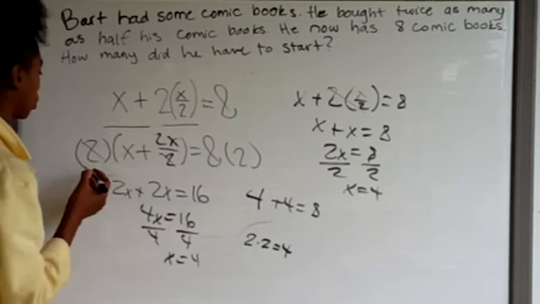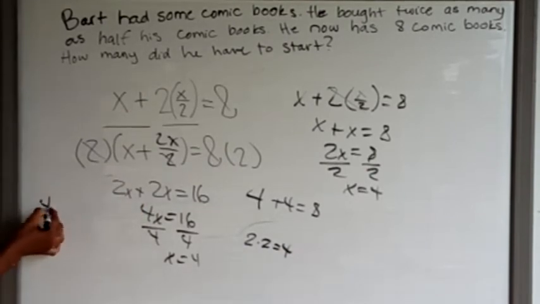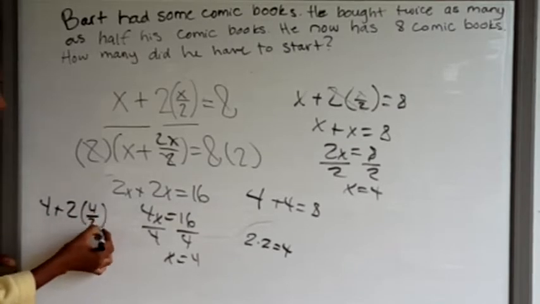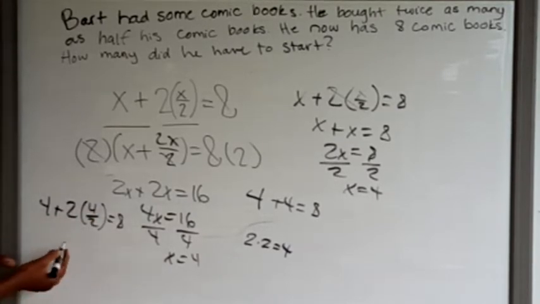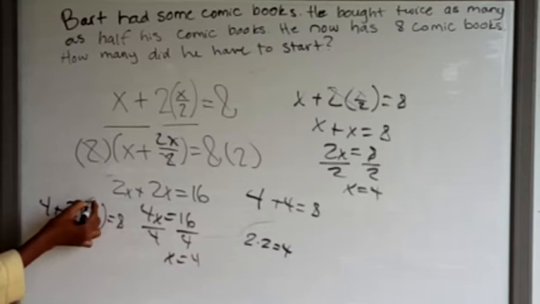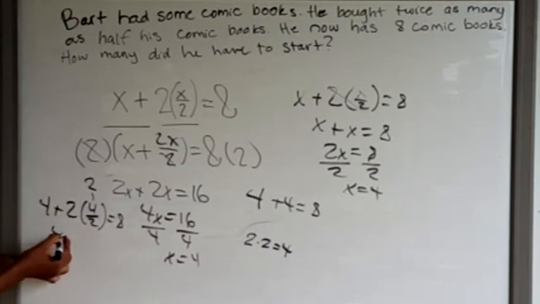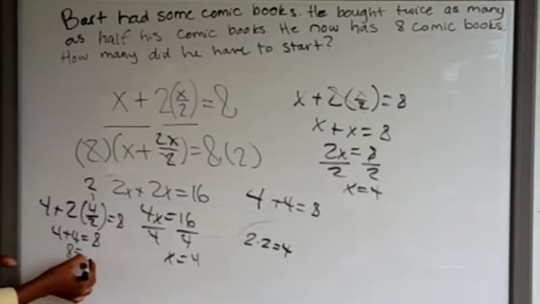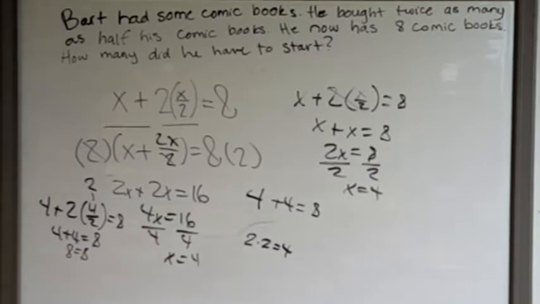Or if we plug it in how we wrote it, 4 plus 2 times 4 over 2 equals 8. Do our multiplication first. Well, we know 4 over 2 is equal to 2, so 2 times 2 is 4.